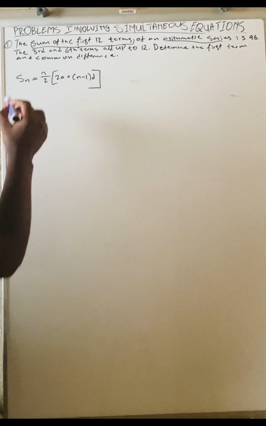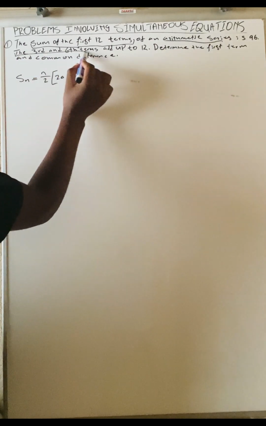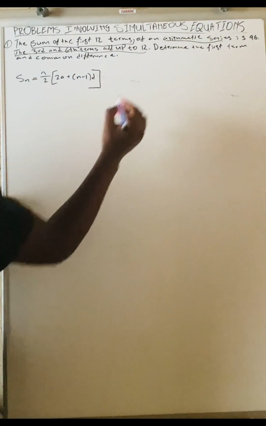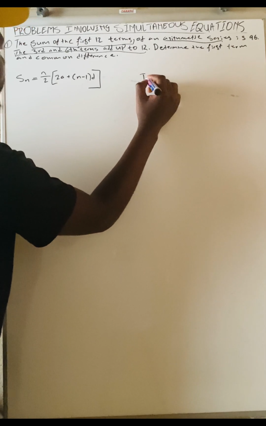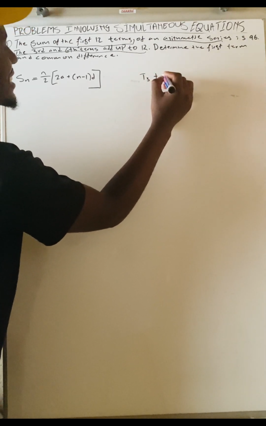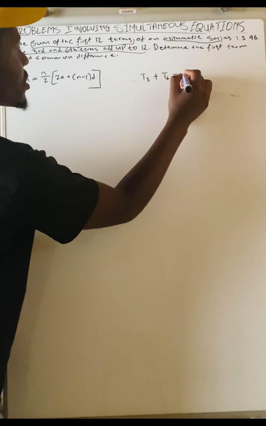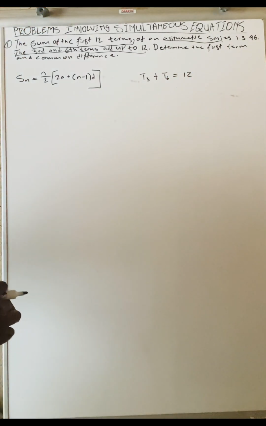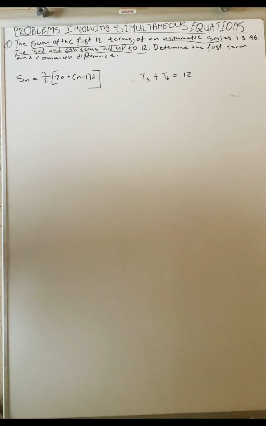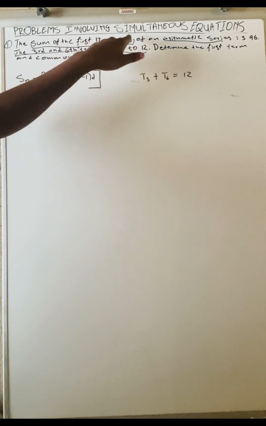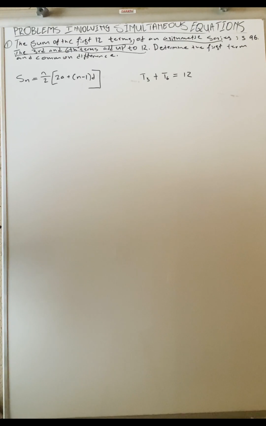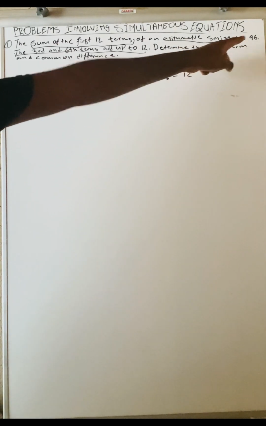Let's look into this one. It means they say T3 plus T6 is equal to 12. That is what we get from this statement. Then from here, let's start with the first statement. Said the sum of the first 12 terms of the arithmetic series is 96.